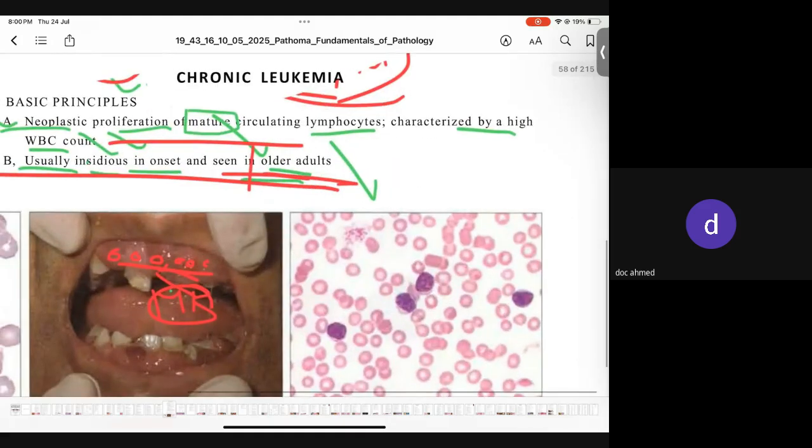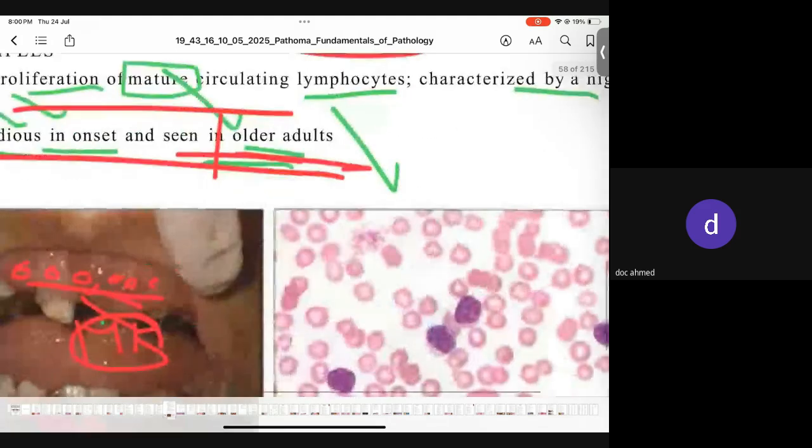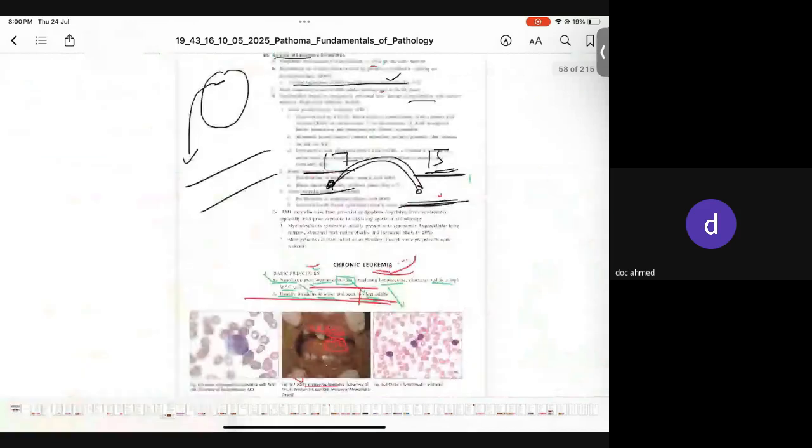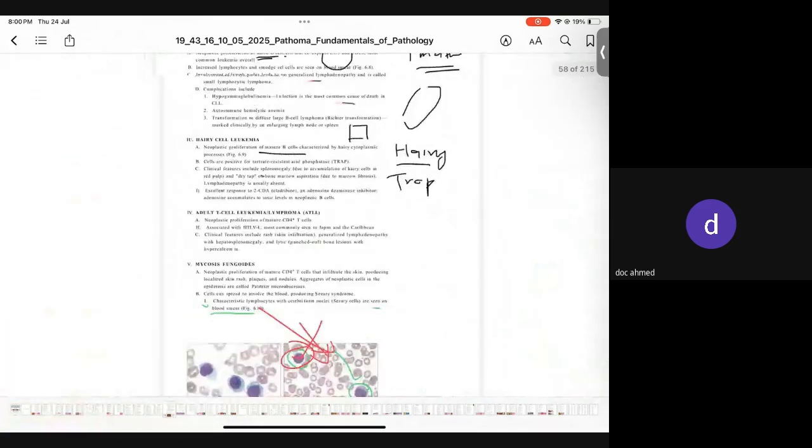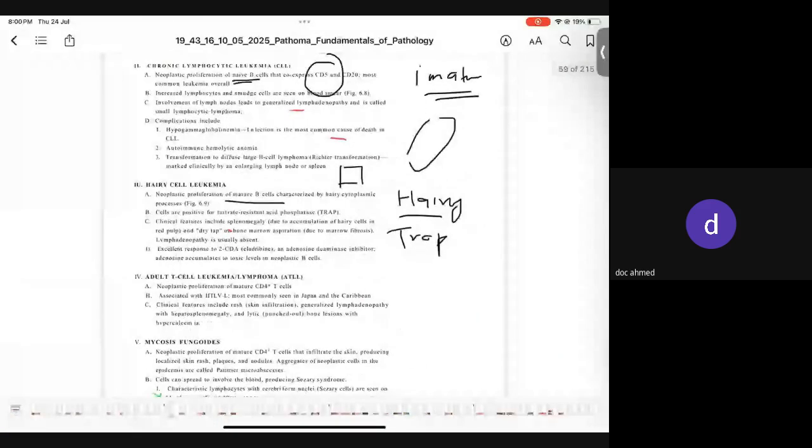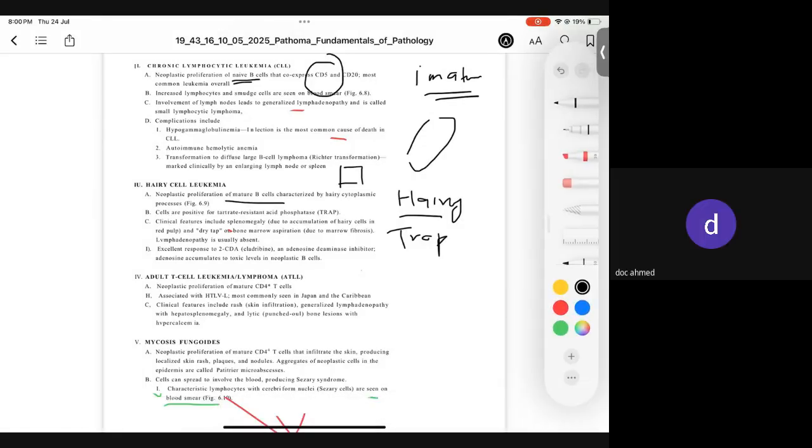You can see these cells we have just hit them, right? They are the smudge cells. You can see them, right? Okay, so really important. Sir, can you please show the picture again? You know the Pathoma pictures are really bad. I'm going to show it from the UWorld and send that in the group, so we'll have a better idea about the smudge cells.